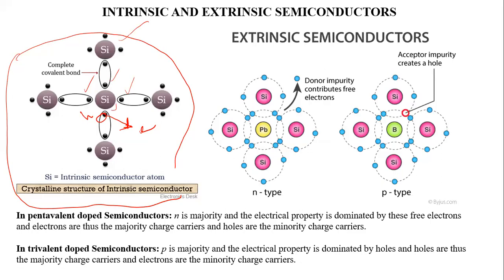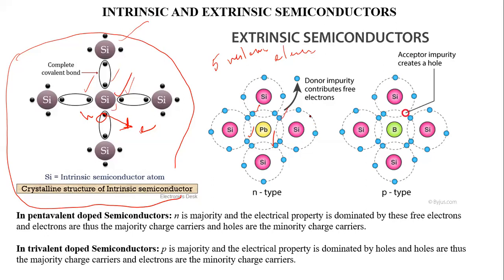Now, in place of this silicon atom, suppose I insert a pentavalent atom, like lead here, Pb. Pentavalent means 5 valence electrons. So if I substitute this silicon atom with a pentavalent atom, one valence electron will have a covalent bonding with this silicon, another with a neighboring atom, and the 4th valence electron will also have a covalent bonding with the 4th silicon atom.